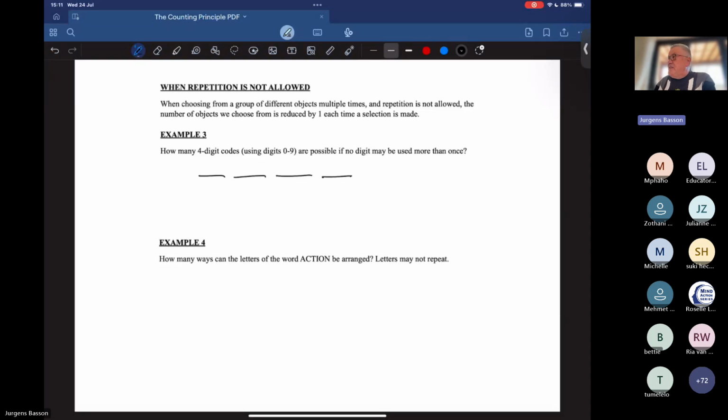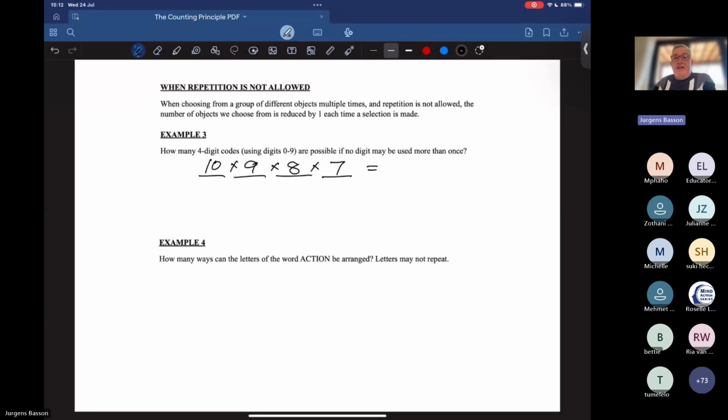For my first digit, there are 10 different ones that can be in the first position. But now repetition is not allowed. So whatever I placed in the first position, if it's a 5 or a 6, I can't use it again. So I've got only 9 left for the second position, then 8, and then 7. And we just multiply these, and the learners must give the answer.